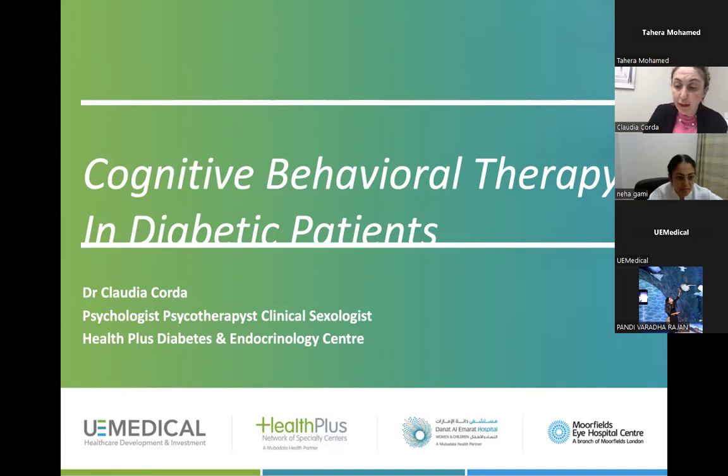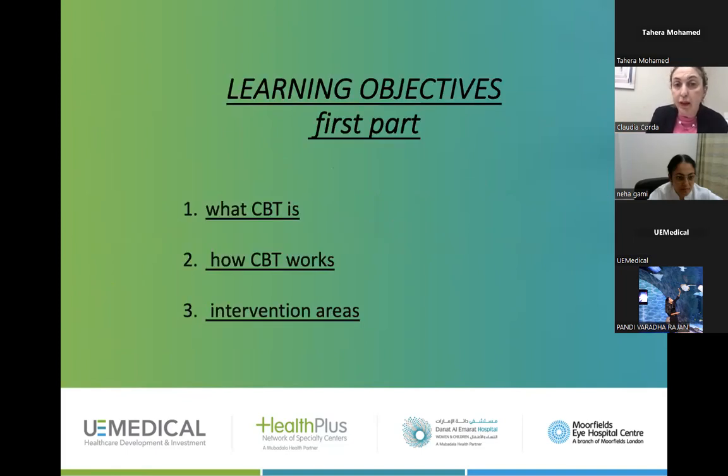So let's start with the first part: what CBT is, how CBT works, and in which areas we can use CBT as a good intervention. CBT is the acronym for Cognitive Behavior Therapy. It's a therapy that acts on the cognition, the way we think, and the behavior, the way we act.